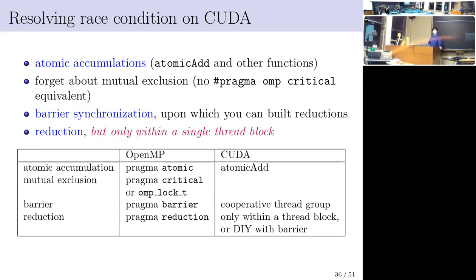I don't know if there's any fundamental reason why this is the case. So you can build a reduction across many thread blocks on top of barrier synchronization across thread blocks. So I don't understand this omission. I don't know if this omission is intentional or not, but this is where they stand somehow.